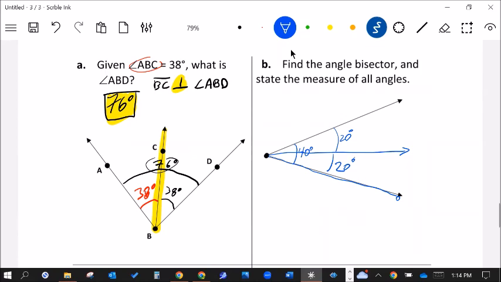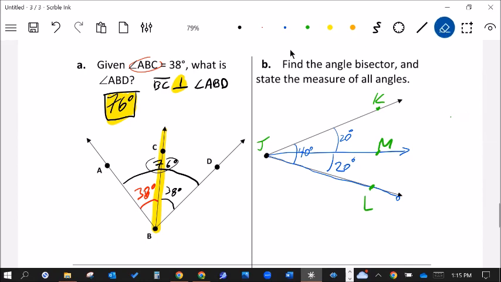With the two 20s, now we can say the measure of the angles. We'll have to use some letters. Let's call it J, K, L, and M. So angle JKM is 20 degrees. Oh, no, we can't use the J. The J has to be in the middle, and I just forgot that.